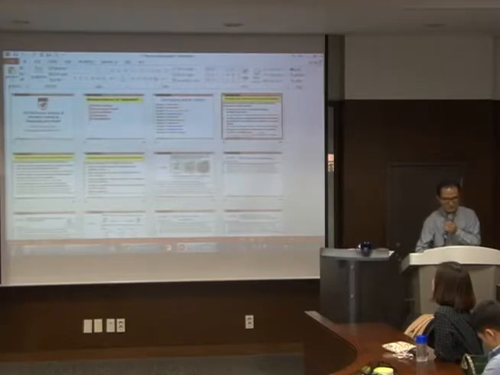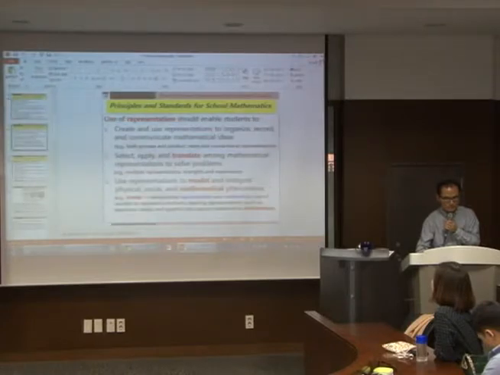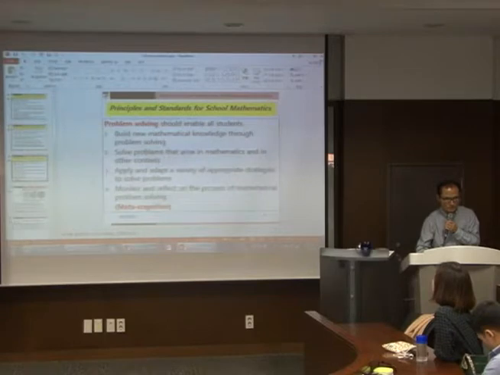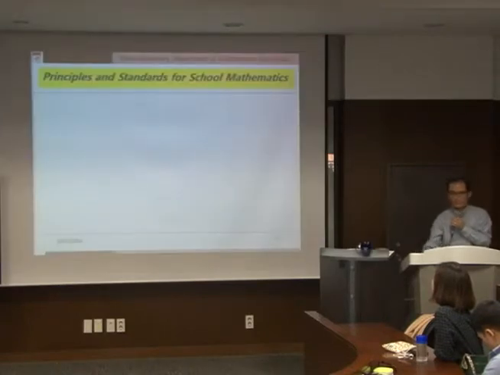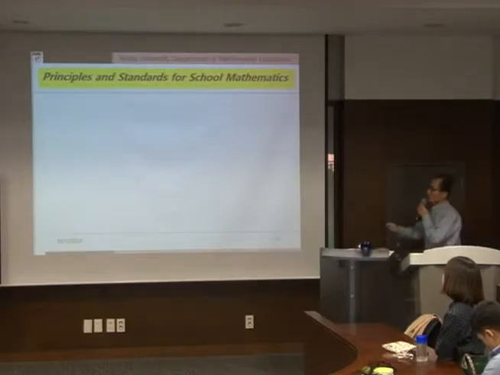Oh, I just reviewed. It's okay, I just want to explain the contents. I already finished, so I moved to problem solving. I just reviewed the connection and representation. You can review by using this PowerPoint once again.